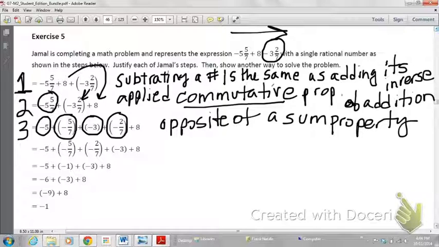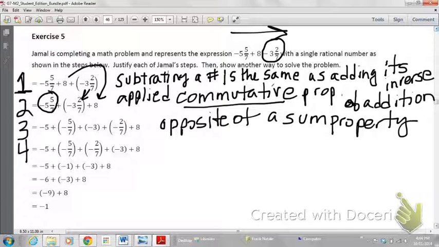All right. So again, I'm just going to get my eraser here, erase just so we can keep it clean. Now, step number 4, you can see what he has done. He has done a little bit more commutating, or commuting. Let's say commuting, when you move from one place to another.